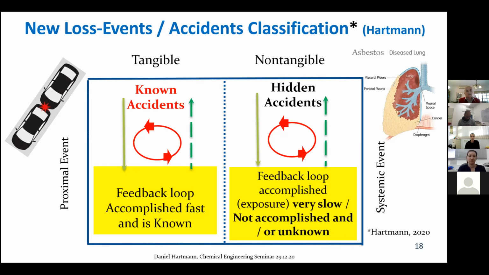We can understand that these are also accidents, but the feedback loop is accomplished very, very slowly, or even not accomplished. So maybe with pesticides, only in 100 or 200 years, people will say, oh, we were so foolish 100 or 200 years ago when we were using pesticides or other things. Or sometimes it is even unknown.